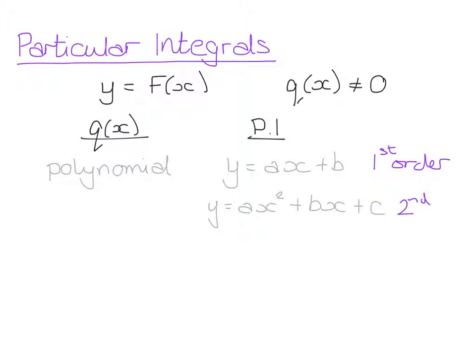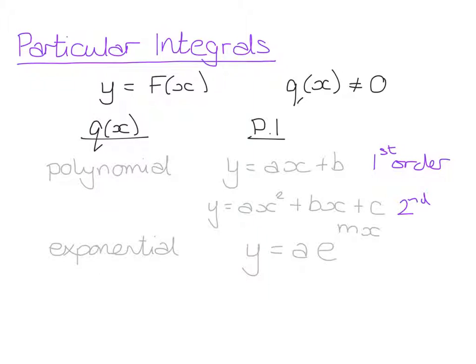If the function q of x was an exponential, then we could try the function f of x as an exponential of the same power, i.e. y equals a times e to the power of mx, where m is the same power.